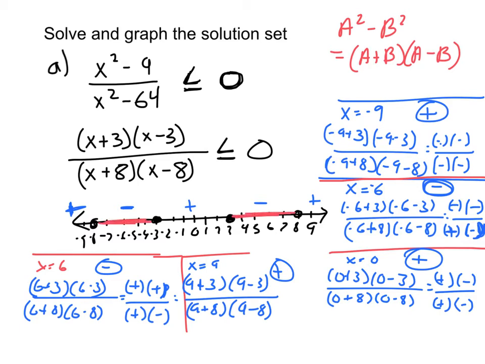So now I'm ready to write my solution. Let me go ahead and I'll write that in red here. So my solution is going to be, I'll start at -8, okay? Now I have a soft parenthesis, not a bracket, and the reason is because, remember, x doesn't equal -8 because then it would be undefined, right?